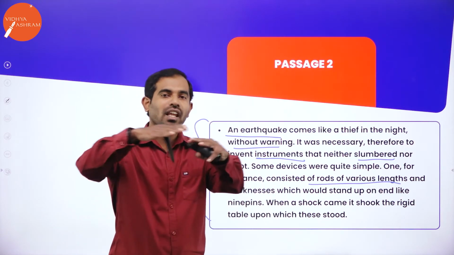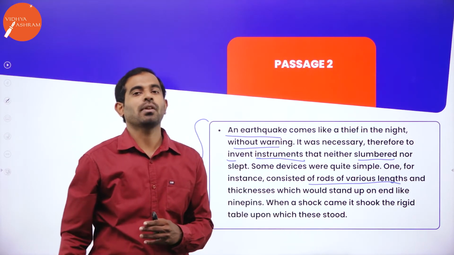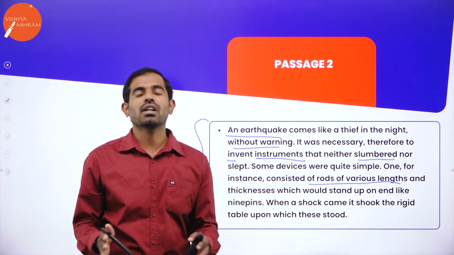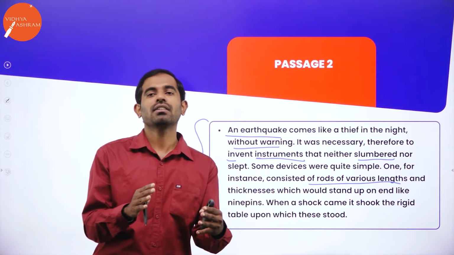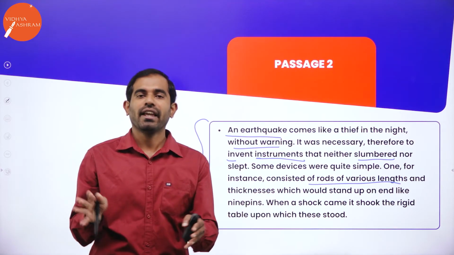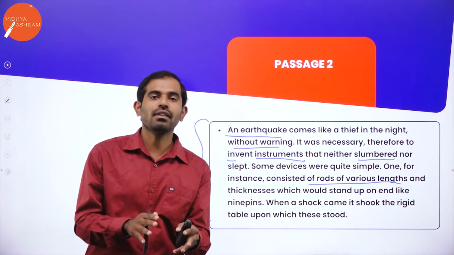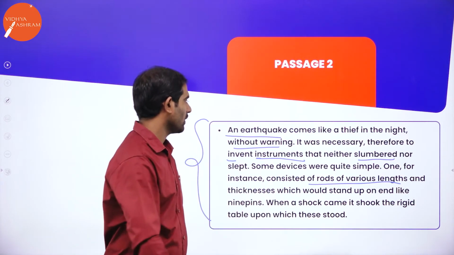We have a table, we have these rods which are placed on the table. And how do they measure this earthquake intensity? If the smaller rods fell, that means there is less intensity of earthquake. If the bigger or thicker rods fell, then the level of intensity is too much.